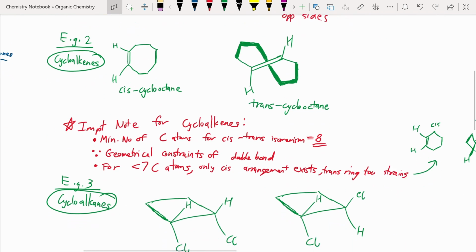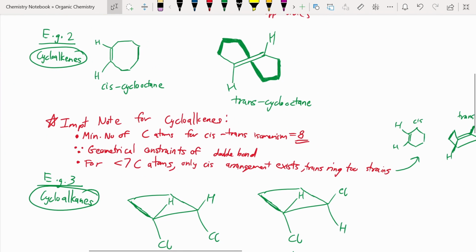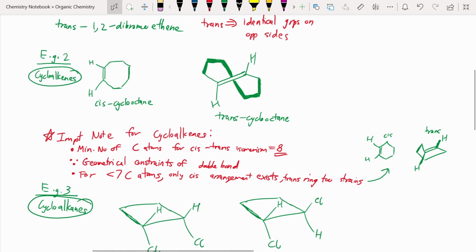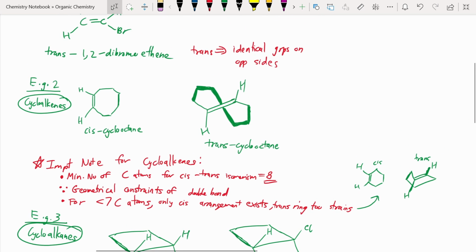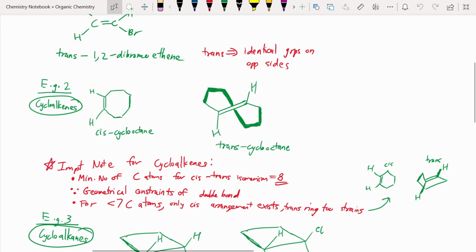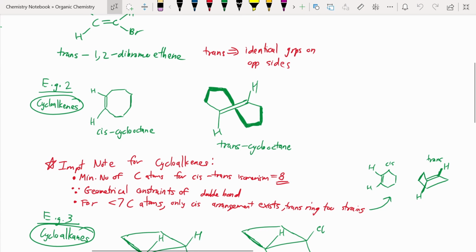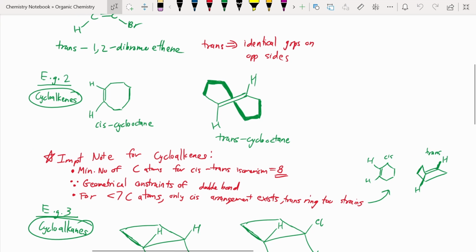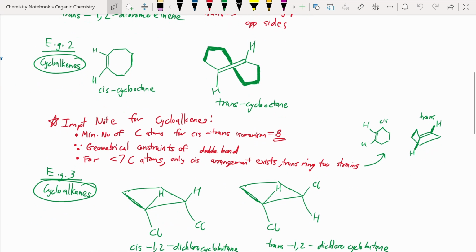The second example of cis-trans isomerism is a cycloalkene. In this cycloalkene, there's this C double bond C pi bond inside a cyclic ring. So there's cis-cyclooctene and trans-cyclooctene.